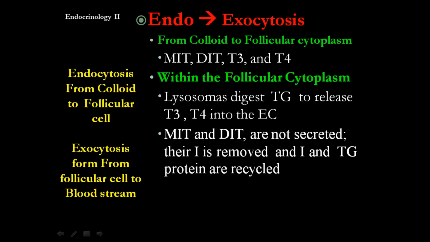They are going to be absorbed by the high vascularization that the thyroid gland has around it. But the MIT and the DIT are not going to go out. Remember, all these in the colloid pass into the cytoplasm of the follicular cell, and the ones coming out are T3 and T4, but MIT and DIT are not secreted.